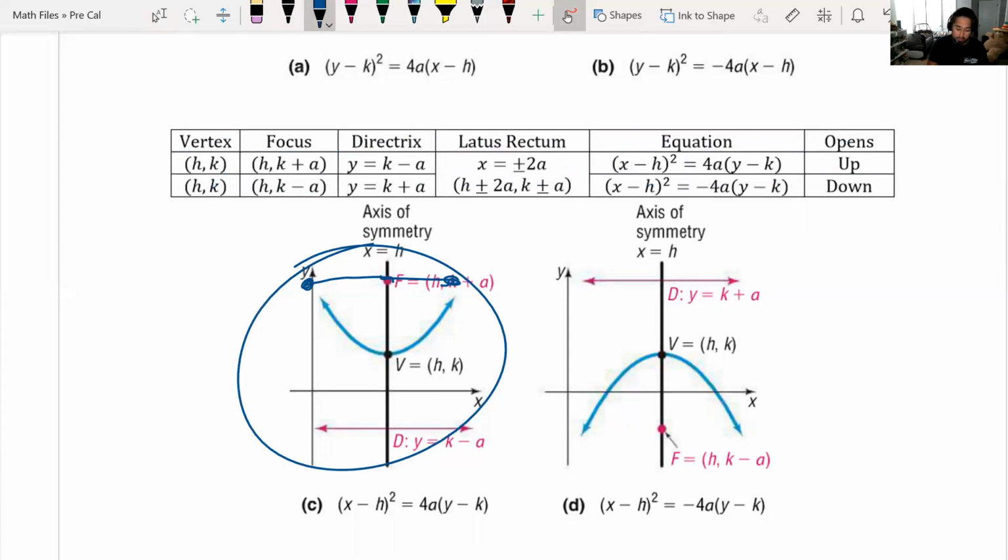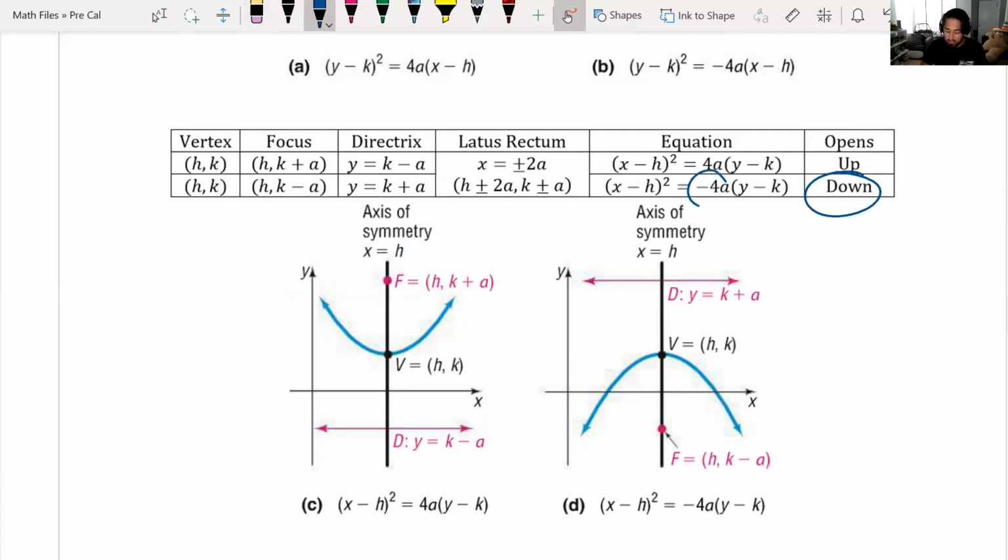If your parabola opens down, well, again, guess what the big difference is? That 4a is negative. Okay. So these equations are here to let you know which one to use. It just makes it a lot easier if you know what equation to use, how the parabola opens.